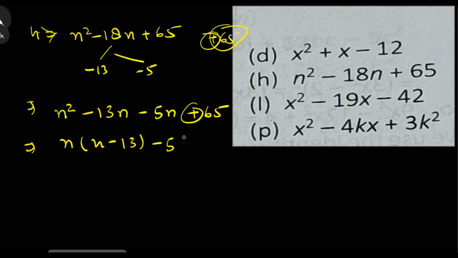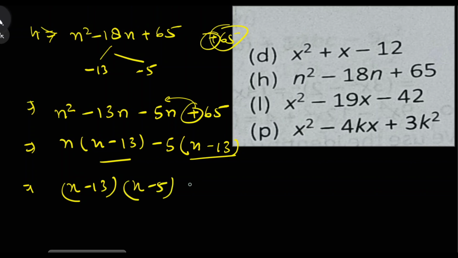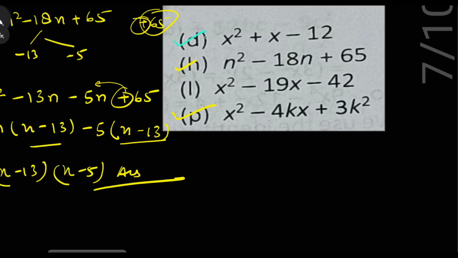So 5, and when we have taken the minus from here outside, we will have minus here. So minus 13, because we have taken 5 as a common from here. So we will have 13. This is the same, so take it common, n minus 13 and n minus 5. This is our answer. And these two questions are for your practice, so comment your answer.